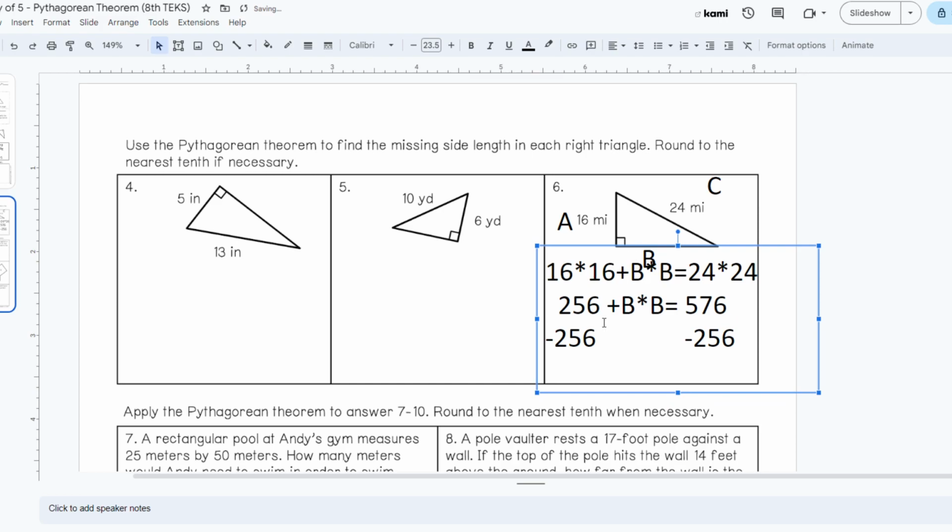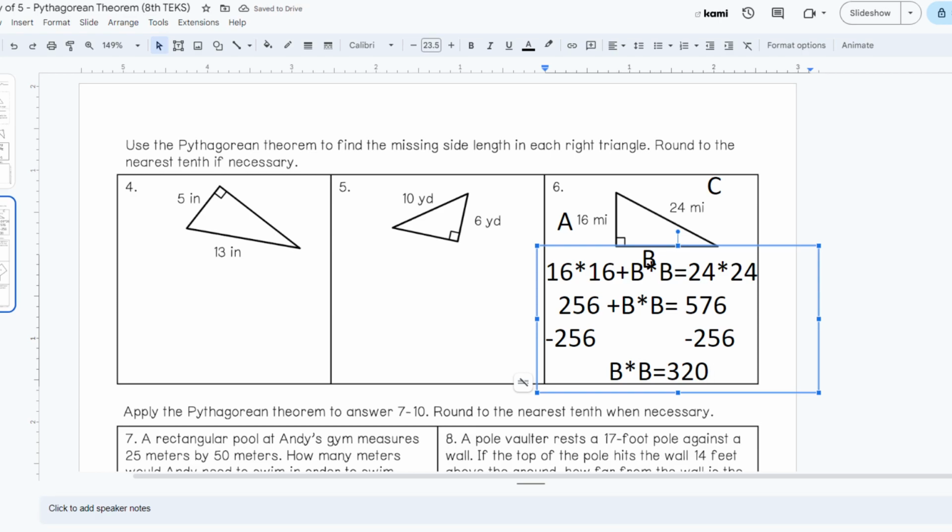That's why I tried to stress, hey, it's going to come back. Please learn this. So what we're left with is B times B, not B8, equals 576 minus 256. So it's going to give us 320.